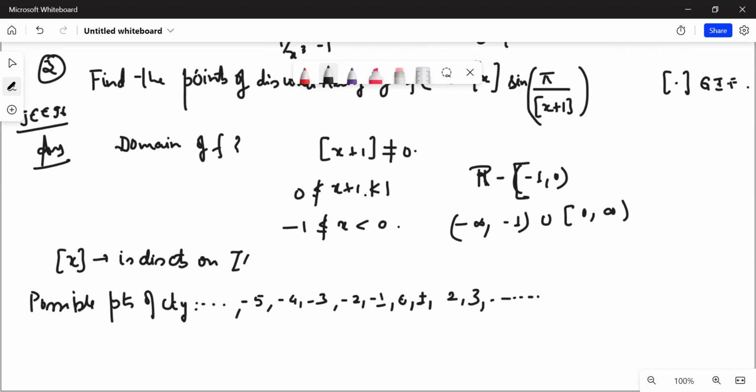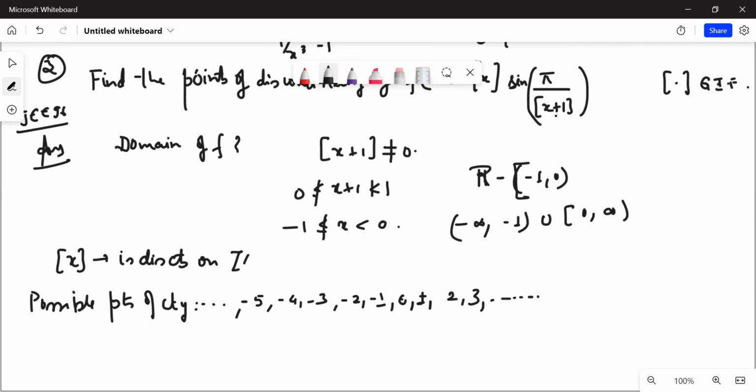Okay. According to this, here sine pi upon greatest integer of x plus 1 is not defined. In any case, this particular thing should not be 0, because if it is 0, then things would not be right, isn't it? Yes. Okay.